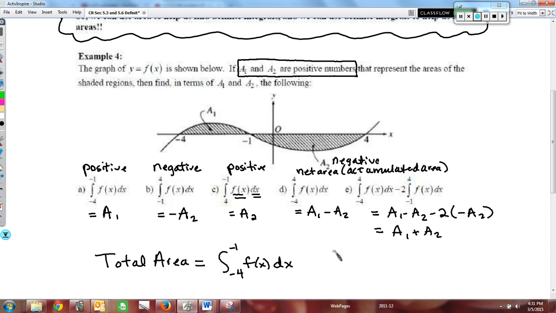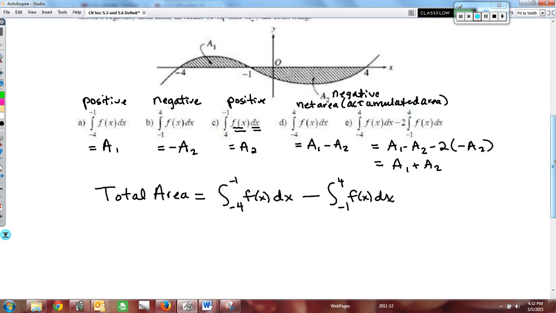But instead of adding it to the integral from negative 1 to 4 of f of x dx, what I'm going to have to do, because this is a negative number, is I'm going to have to make it the opposite of that number that we had. So that way it would end up being a positive number. And let's just check this out and show that it works. This integral was A1. This integral was negative A2, so A1 minus negative A2 equals A1 plus A2, my total area.